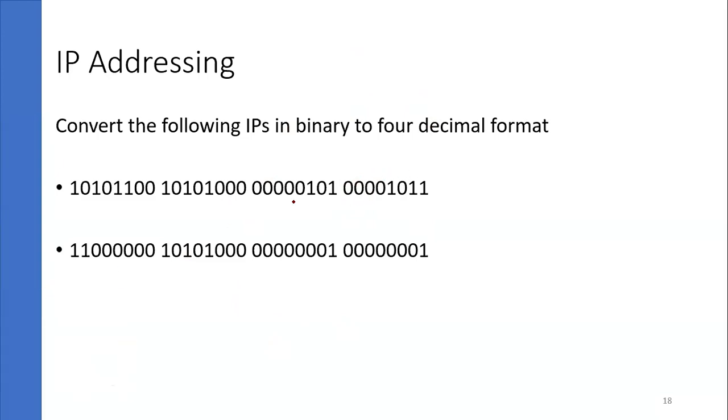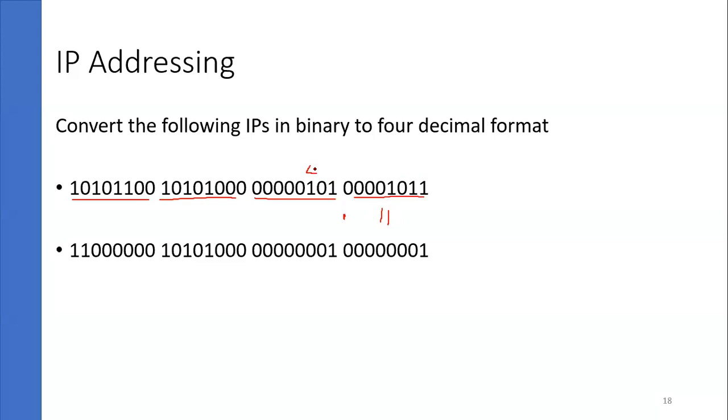Now I want to convert this number into base 10, this number into base 10, this number into base 10. Then you get 1, 2, 4, 8. So this is 11. 11 dot. Then this is 1, 2, 4.